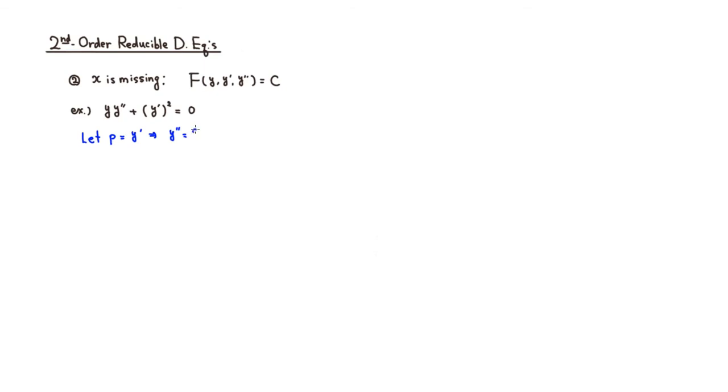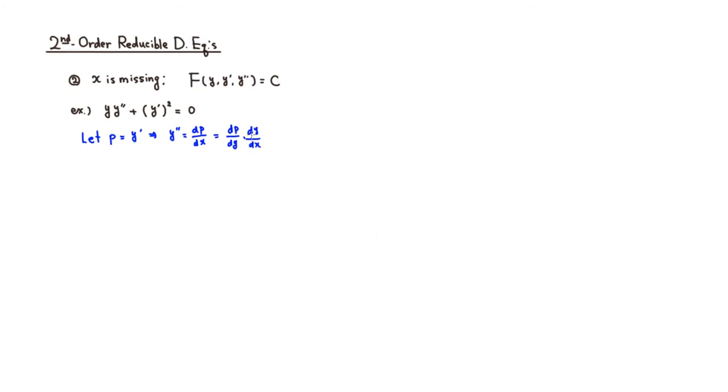We're going to take the derivative of p with respect to x, but since I'm going to try to get rid of x, I'm going to take the derivative of p with respect to y instead, then multiply by dy over dx.